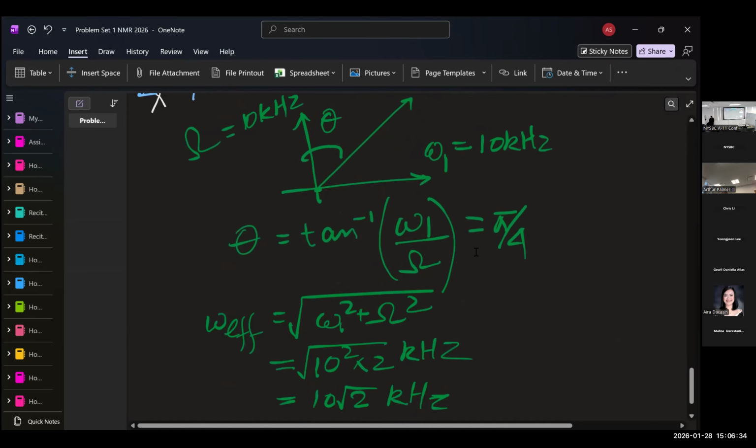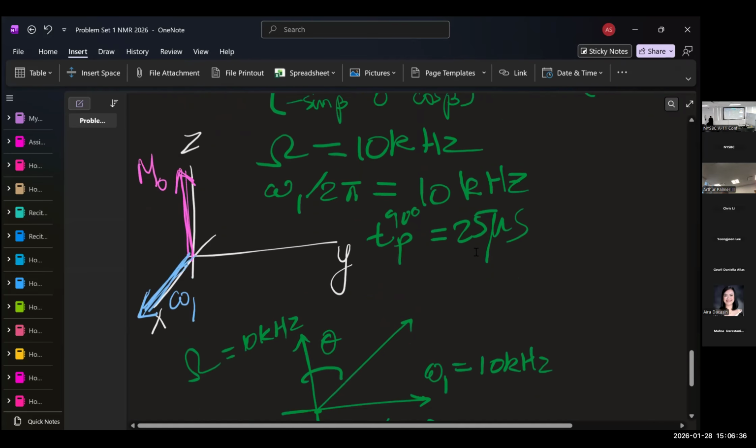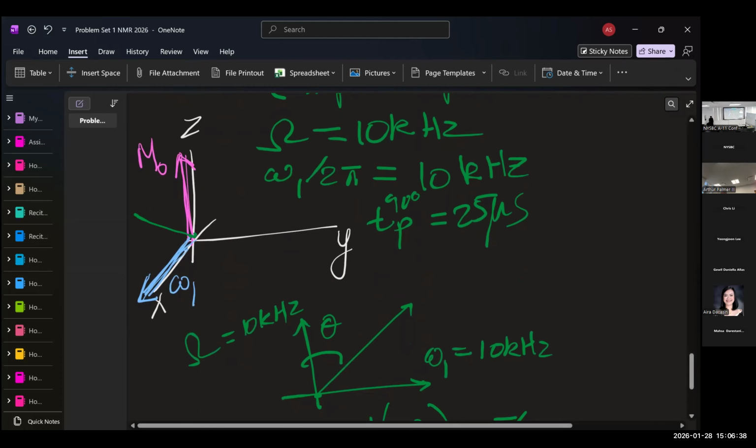Okay, so we have to now think about this effective field, which is here at an angle theta, relative to both the magnetization and the Rabi frequency, or the Rabi field, I should say.